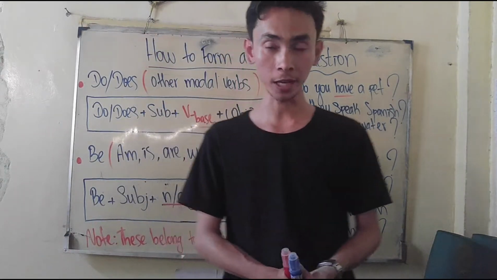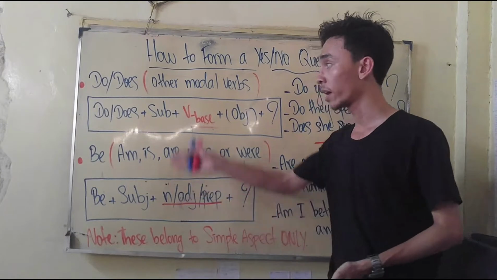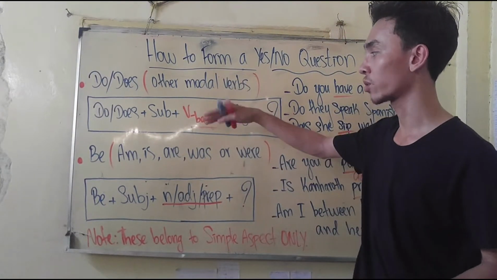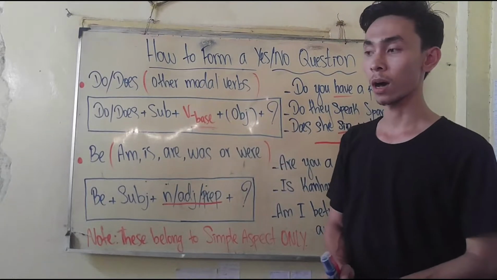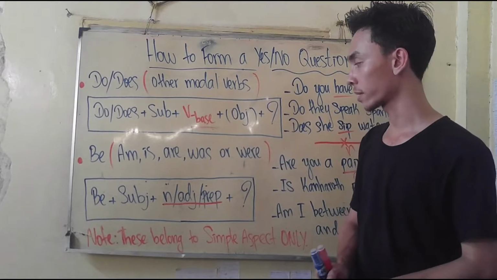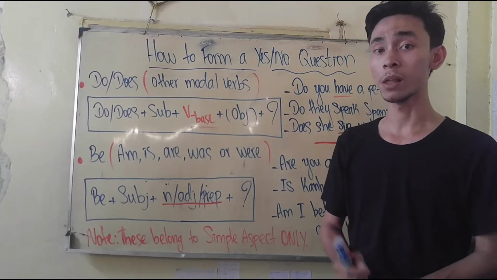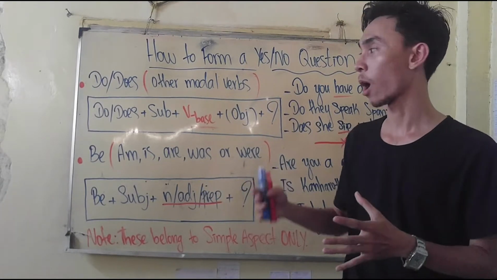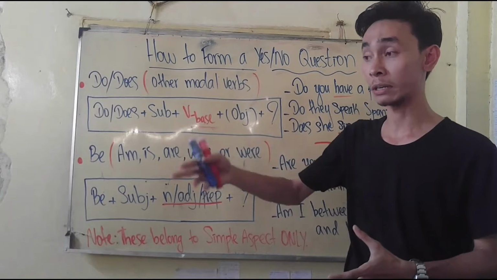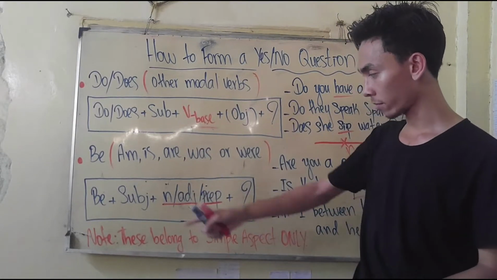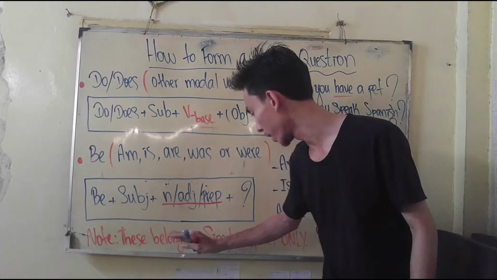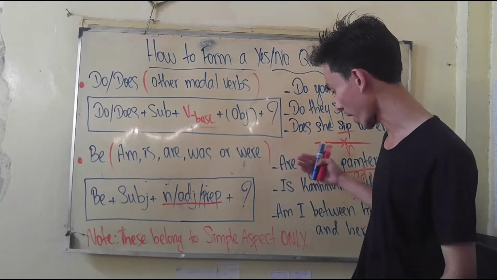Hopefully you are clear enough, and it is important to differentiate between how to use these two forms correctly and properly, because some English learners are still puzzled over these forms. Now we are going to take a peek at the note. These belong to the simple aspect only.